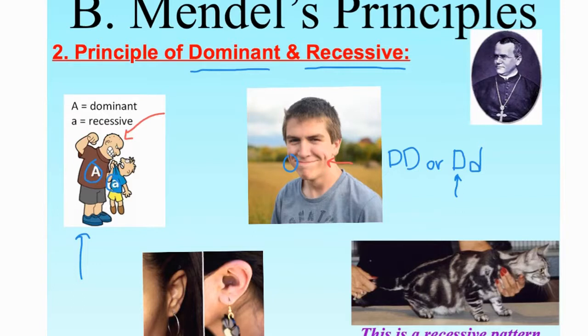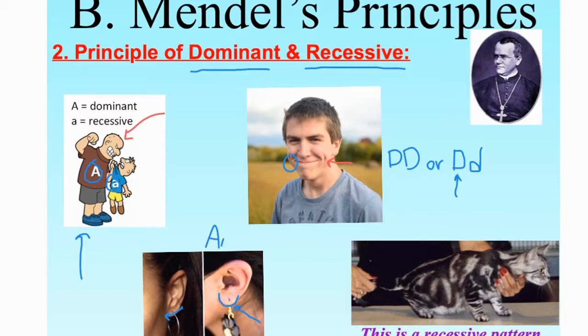Same thing with this. This is what's called an unattached earlobe, how it's kind of hanging off the side of the face, where this is an attached earlobe, where the earlobe is directly attached to the side of that person's face. Well, unattached earlobes are dominant. So that would be like a big A for unattached.